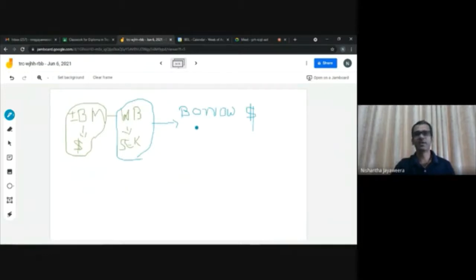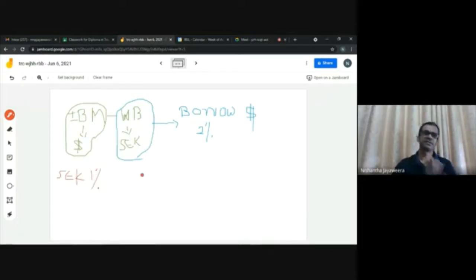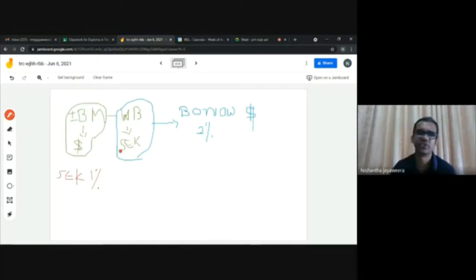So assume World Bank can borrow dollars at 2%. Meantime, IBM, since they have a presence in Sweden, can borrow Swedish krona, say at 1%. These are the possibilities. But the thing is, IBM needs dollars, World Bank needs Swedish krona.